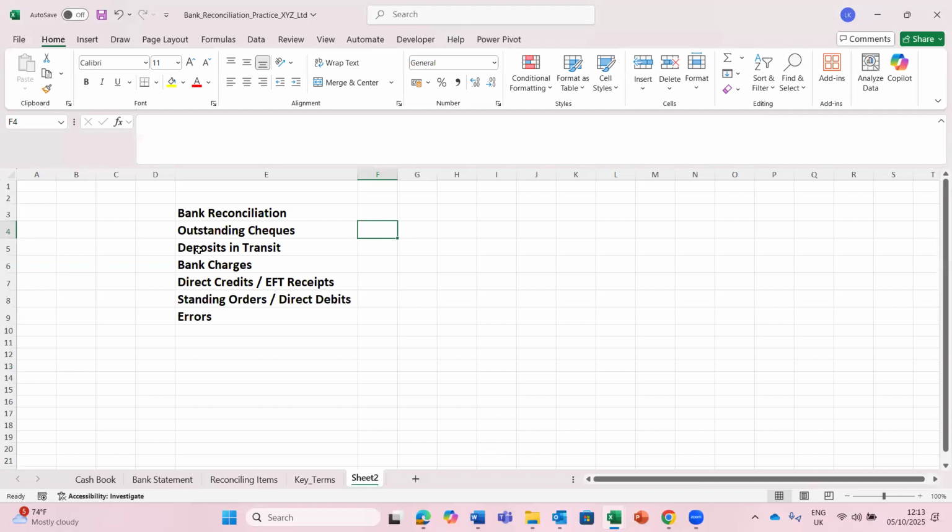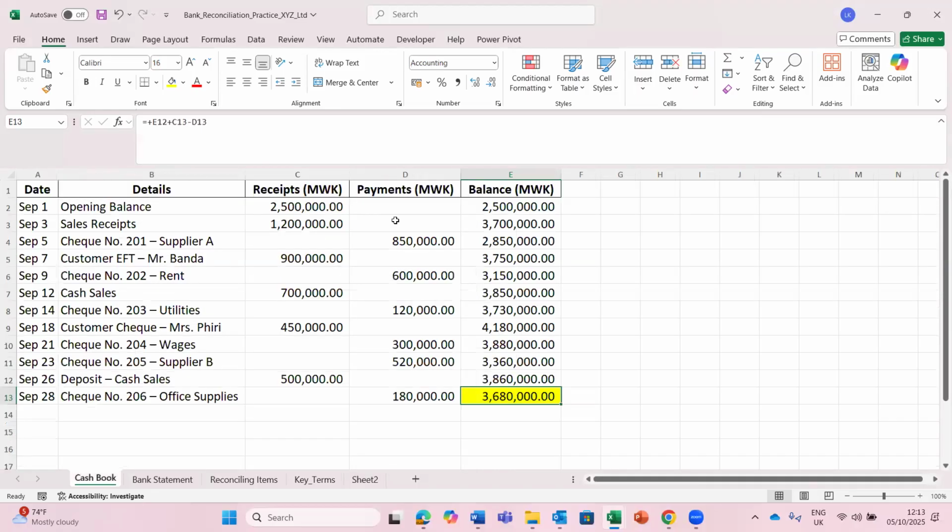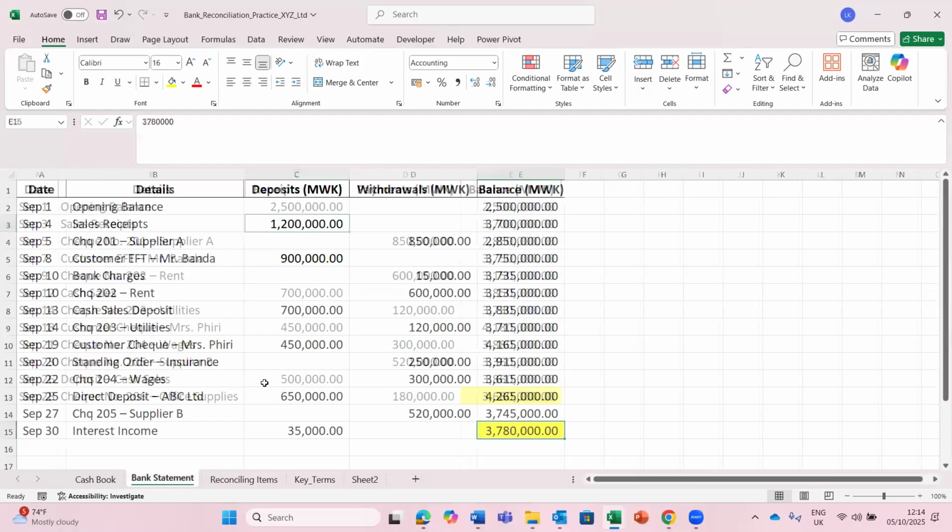The other difference is deposits in transit. For instance, if you make a sales deposit of 1.2 million, let's say today is Friday, and in your cash book you have received cash, you record this 1.2 million in your cash book, but you delay to deposit the money at the bank.